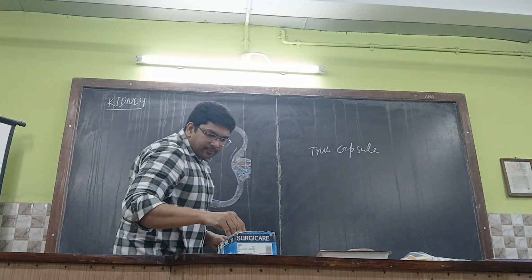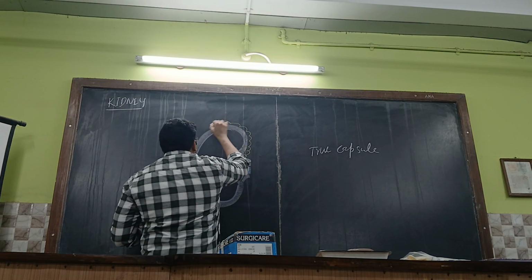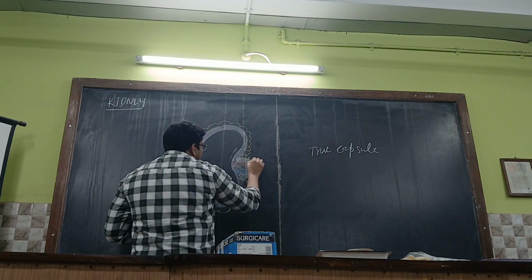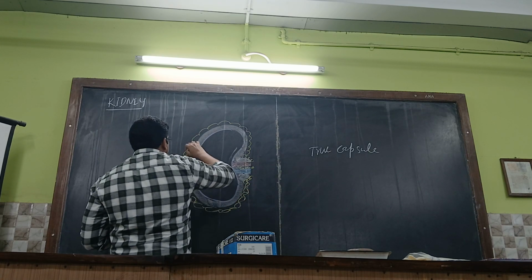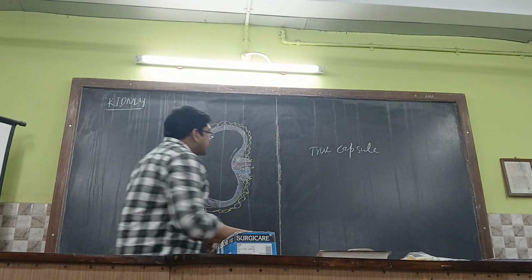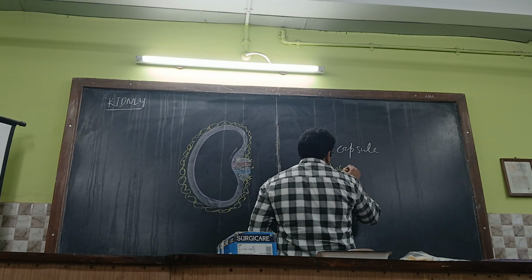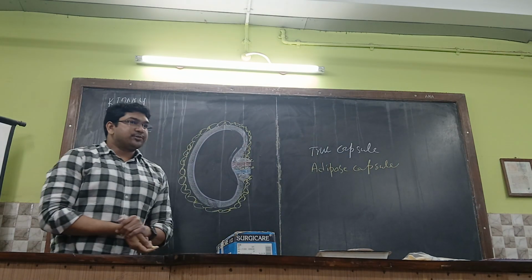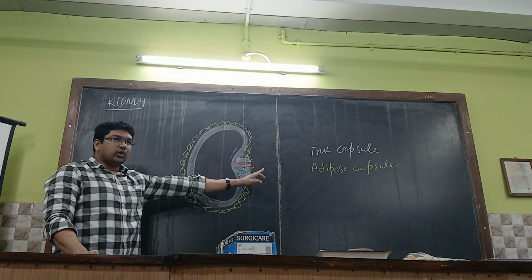Okay. And then the true capsule is surrounded by perinephric fat over here. Around the kidney is the perinephric fat. This layer is called the adipose capsule, because it is made up of adipose tissue and it is in the form of a capsule over here.